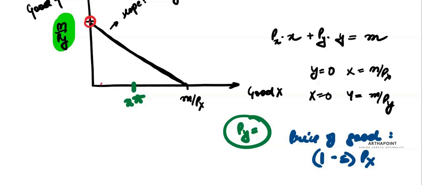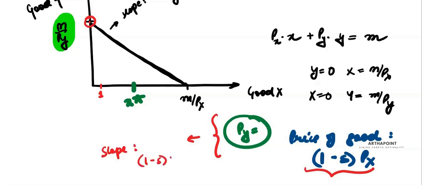But the moment you buy the first unit of good X, instead of paying PX, you will be paying a lower price. So the slope of this budget line will be (1 minus S) into PX upon PY, right?